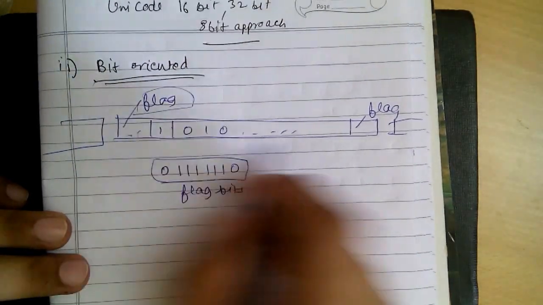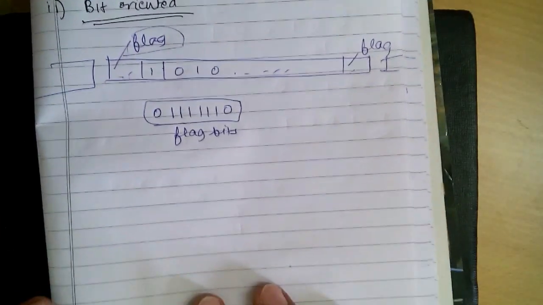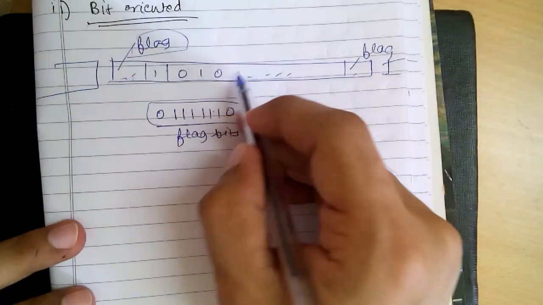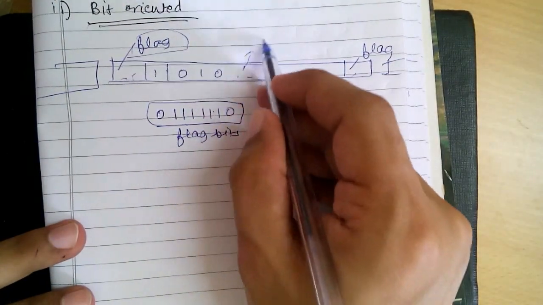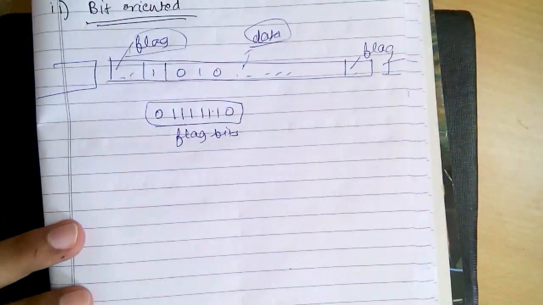This pattern represents the flag bits so that we can differentiate between various frames. Now what if this set of bits comes in the data also? The same problem as with characters.